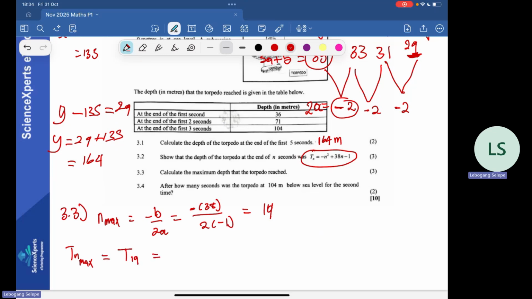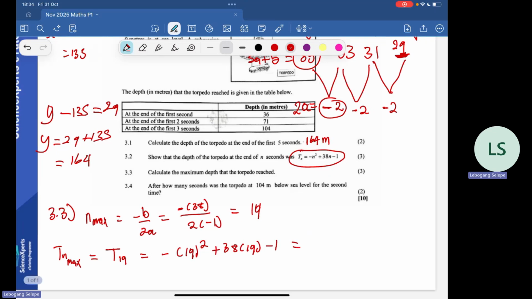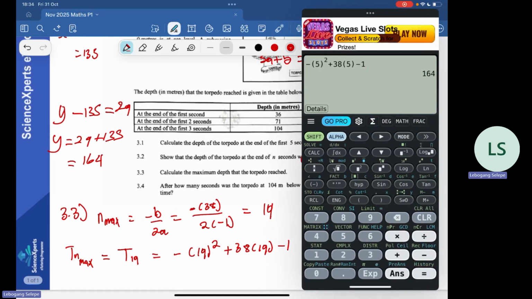Which is going to be equal to negative 19 squared plus 38 times 19 minus 1, which would give us, let's put that in our calculator, negative 19 squared plus 38 times 19 minus 1.